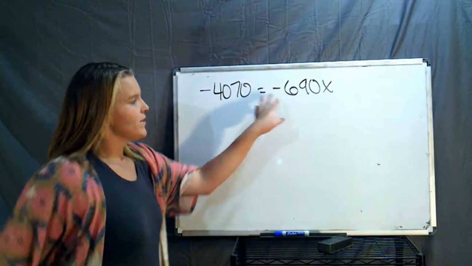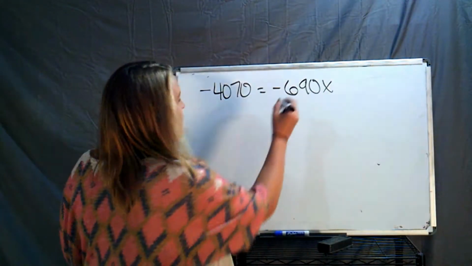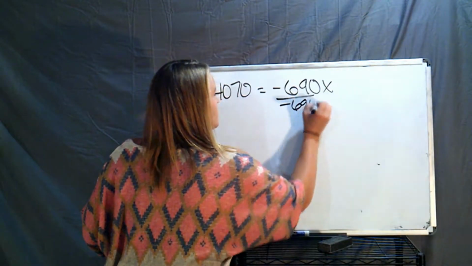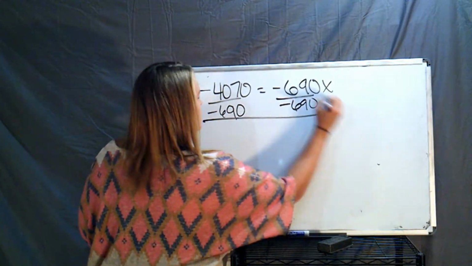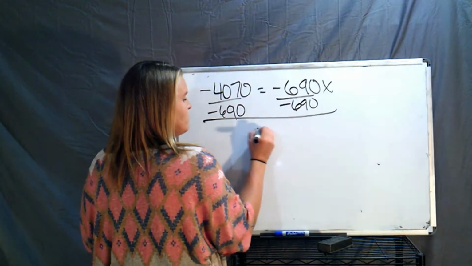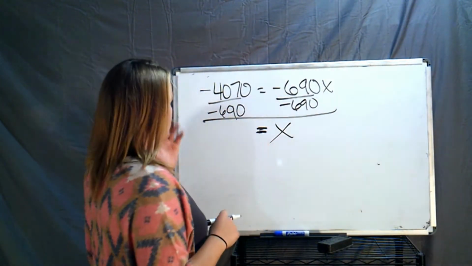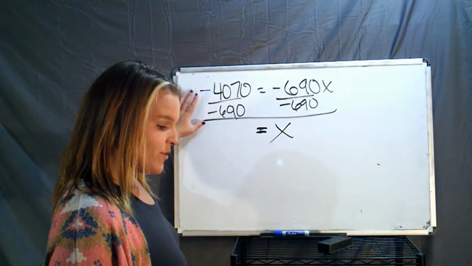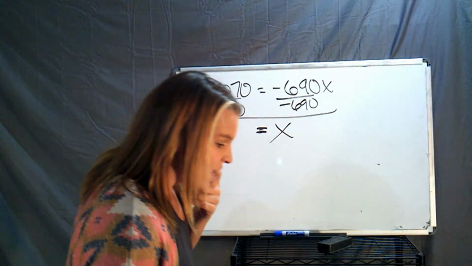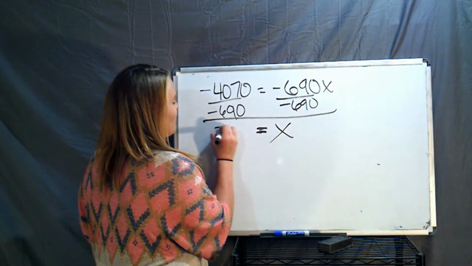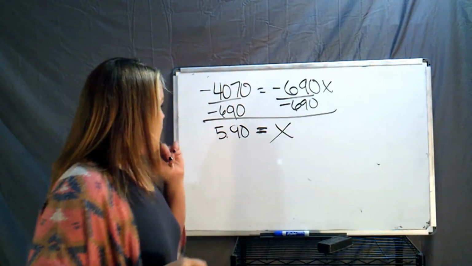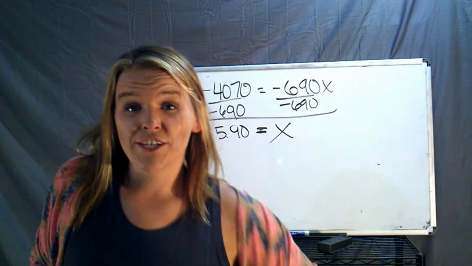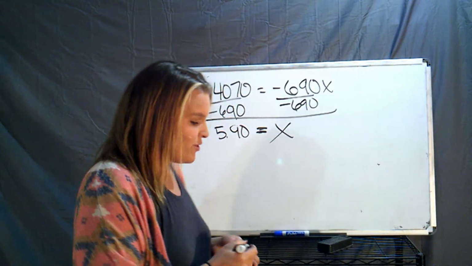Now, last step, I'm going to divide by negative 690. And my x is going to be positive, because we have two negatives, so it's going to make a positive. And this will equal roughly 5.90, I'm going to round. So after almost 6 years, the value of these two cars will be equal.